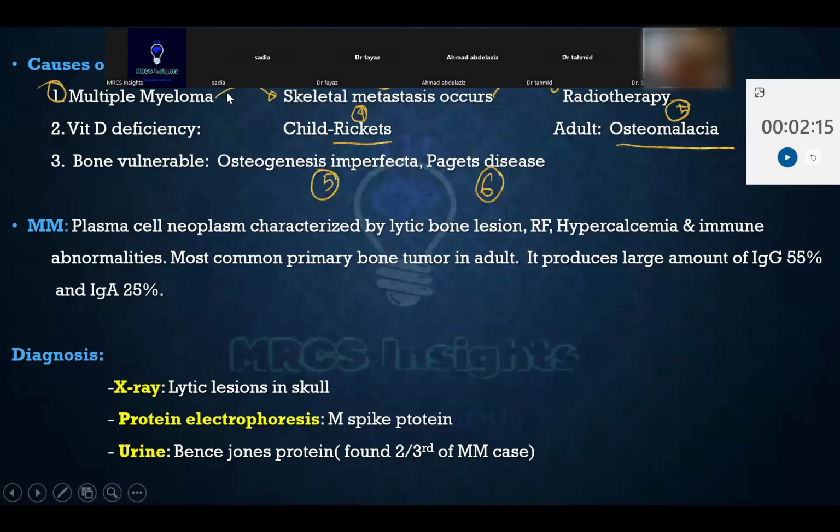So we get 3 causes: multiple myeloma, skeletal metastasis, and radiotherapy. Remember 2 more causes by remembering vitamin D deficiency. In case of a child, there will be rickets, and in case of an adult, osteomalacia. So these 2 will cause pathological fracture. And there are another 2 causes which make the bone vulnerable: osteogenesis imperfecta and Paget's disease.